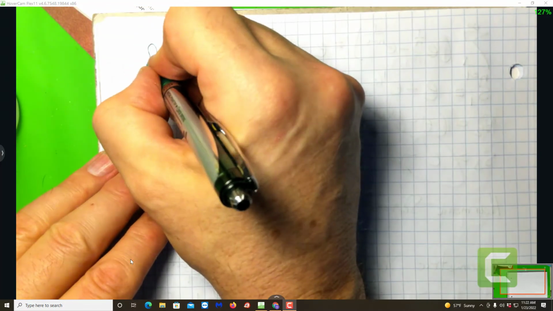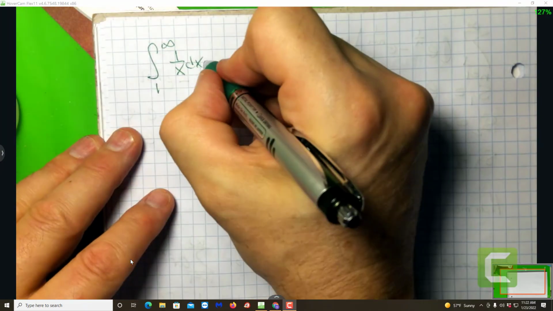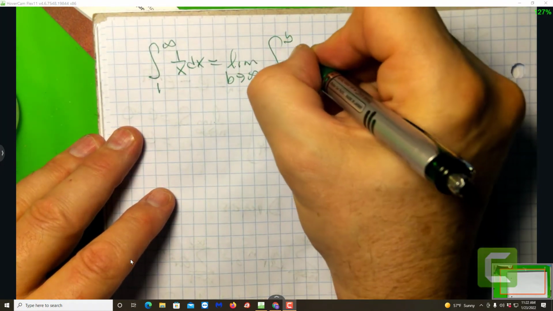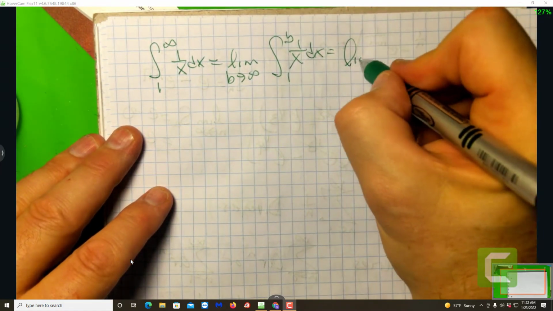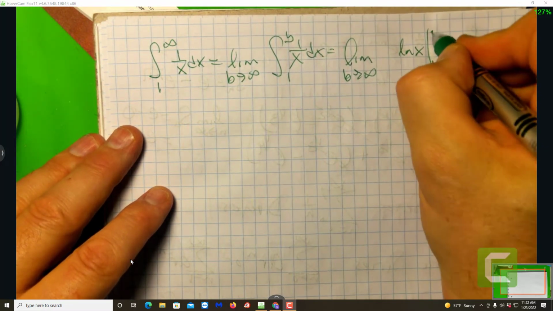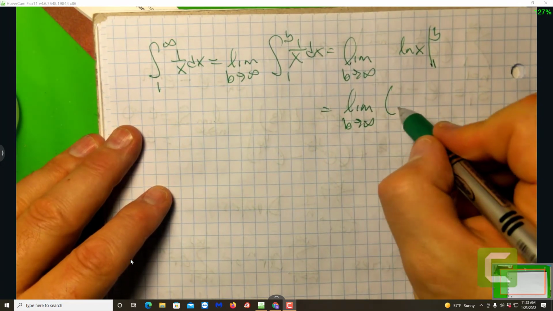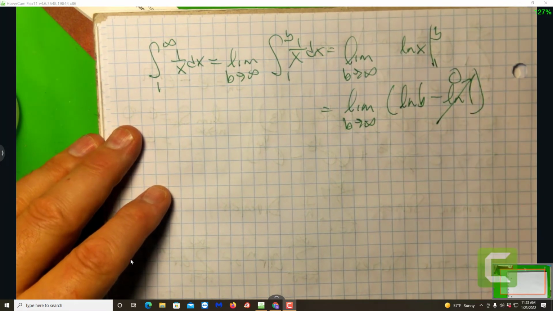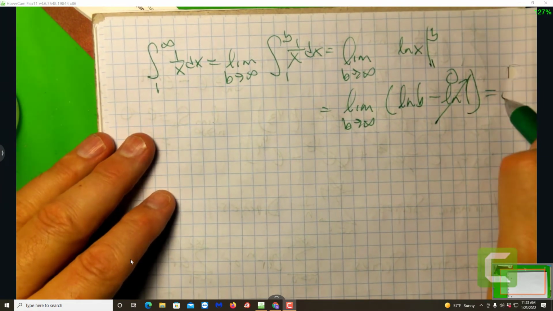Now we're going to apply the integral test. And what I like about this is now we're doing some review. So this is the limit as b goes to infinity of the integral from 1 to b of 1 over x dx, which is the limit as b goes to infinity of the natural log of x using the fundamental theorem, which is the limit as b goes to infinity of ln b minus ln 1. The natural log of 1 is 0, but as b grows without bound, the natural log of b grows without bound.